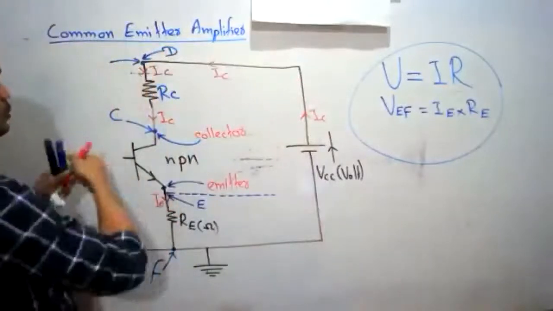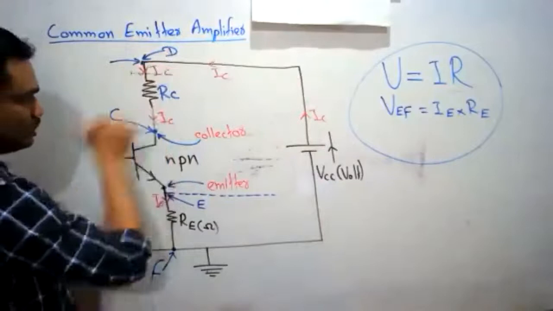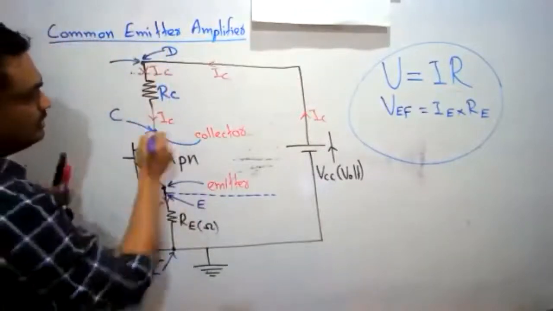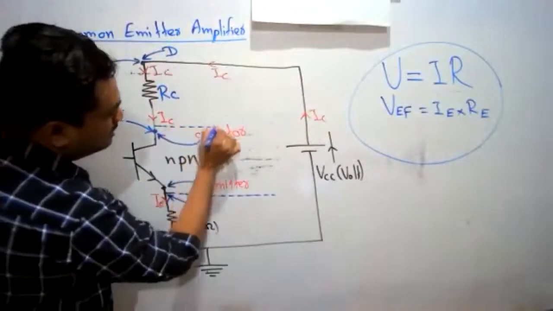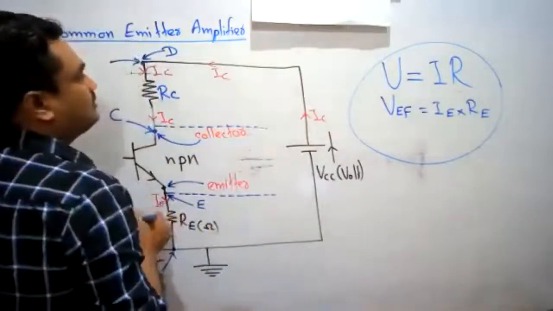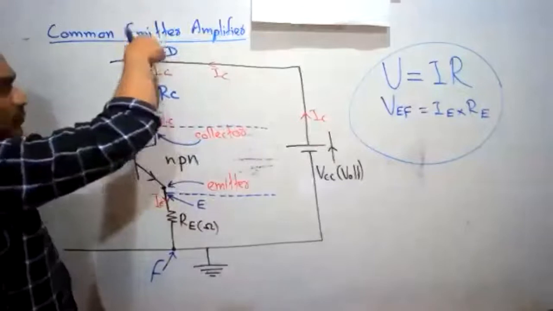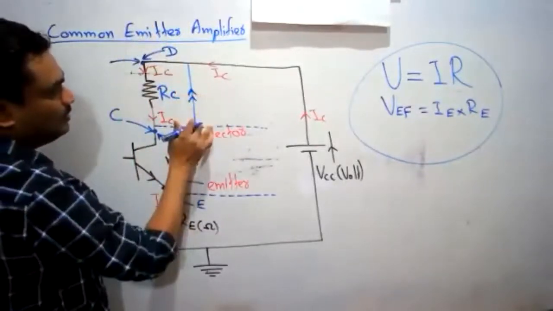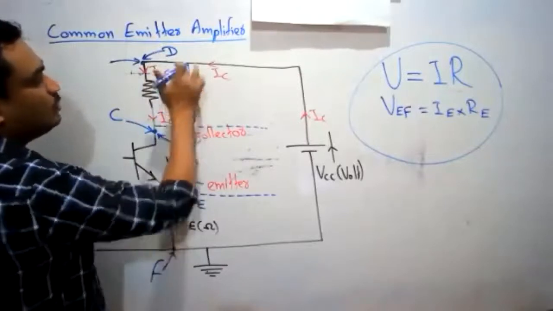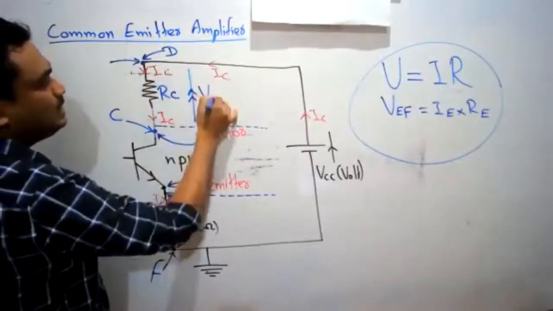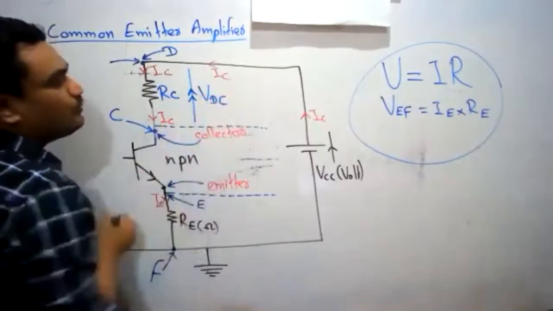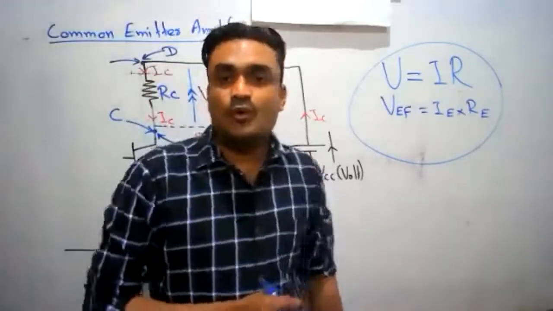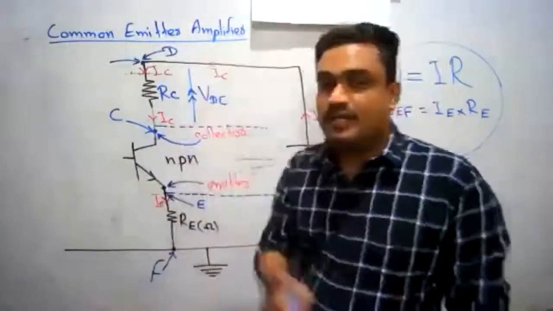So, if a current flows through a resistor in one direction, that resistor generates a voltage in the opposite direction. Normally, we indicate this voltage as VDC. How do we find this VDC voltage?